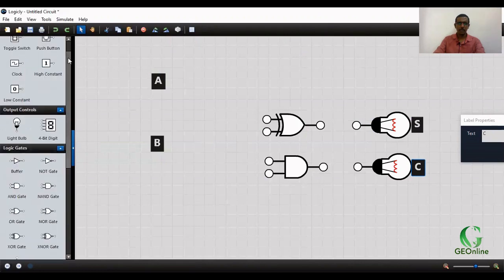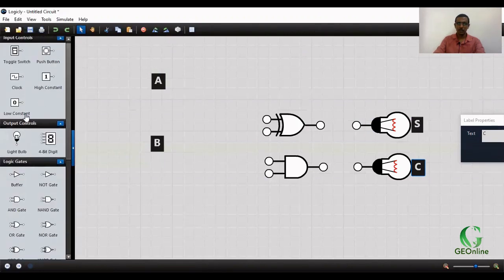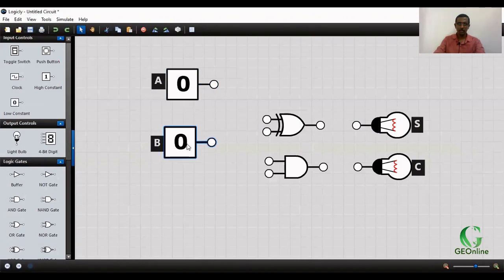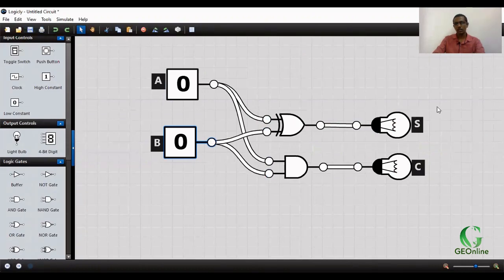Let's say we have to add 0 and 0. So A is equal to 0, B is equal to 0. Now we are connecting input A to the XOR gate, A to the AND gate, B to the XOR gate, B to the AND gate. 0 plus 0, sum is 0 and carry is 0.